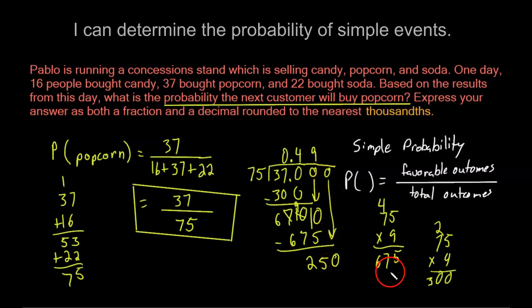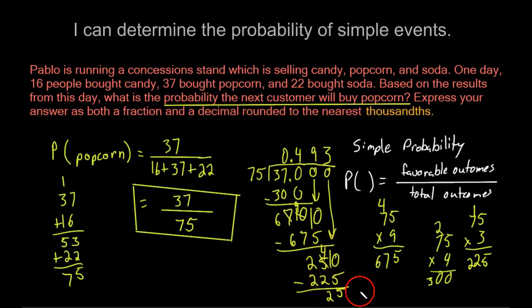Bring that down. How many times does 75 go into 250? We know 4 would be too many times. I'm going to guess 3, so 75 times 3 is 15, and add an extra 1. 3 times 7 is 21, plus 1 is 22. So we get 225, and now we have to borrow there. 10 minus 5 would give us 5.